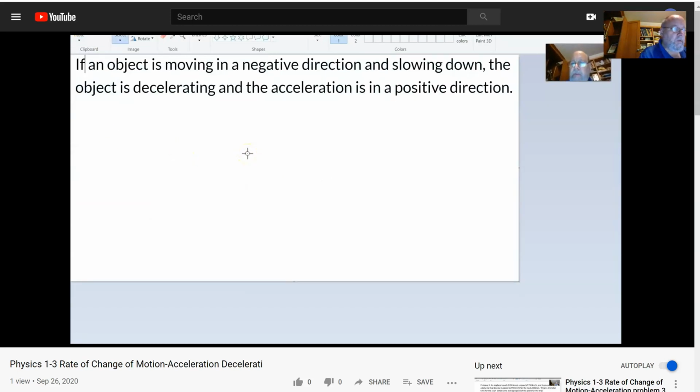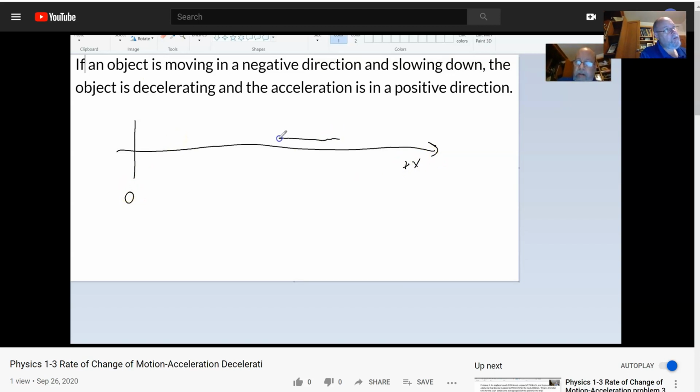Finally, if an object is moving in the negative direction and slowing down, the object is decelerating and the acceleration is in the positive direction. So let's draw that motion diagram. The object is moving in the negative direction and its velocity arrows are decreasing in length.